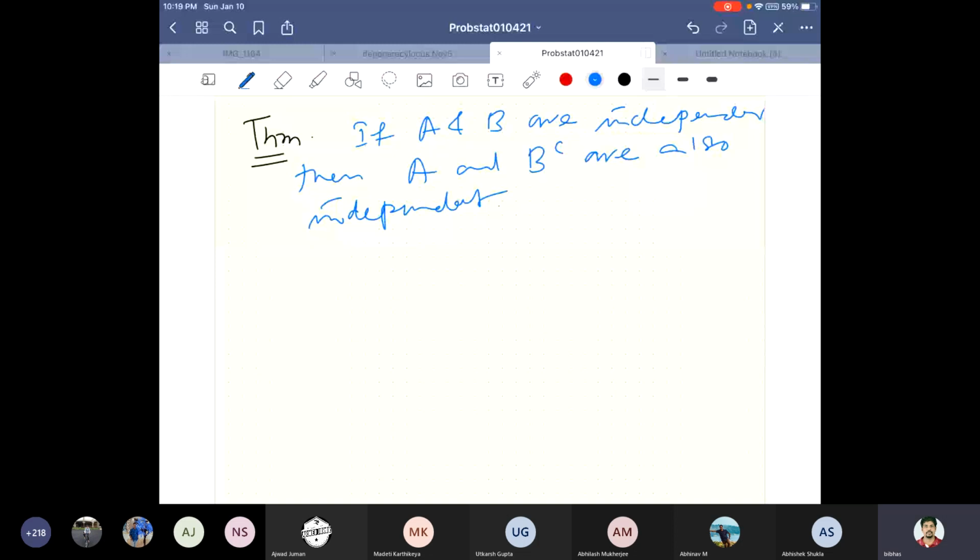You can also try to give a mathematical proof. What do I mean by mathematical proof? So consider A and B two events, and the given is that.